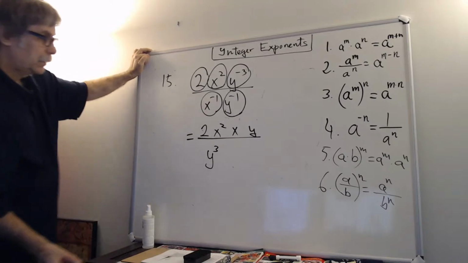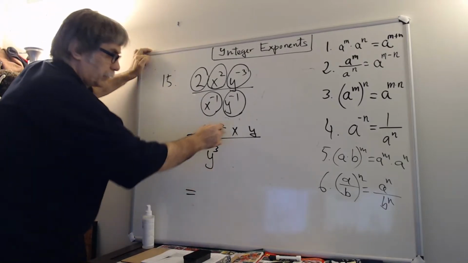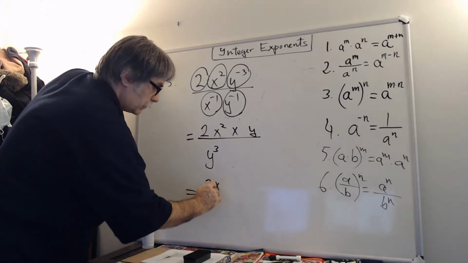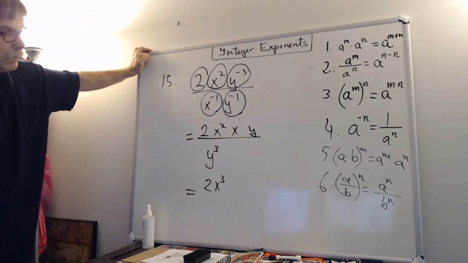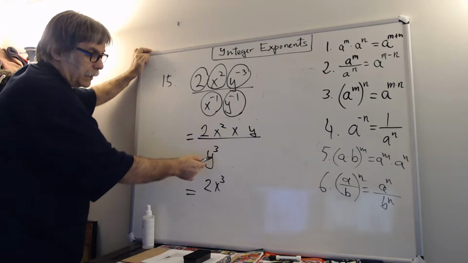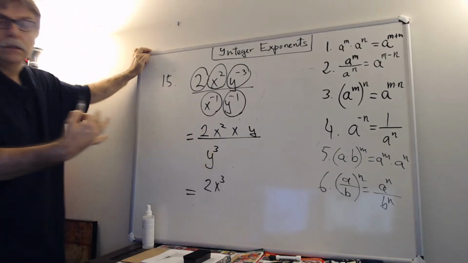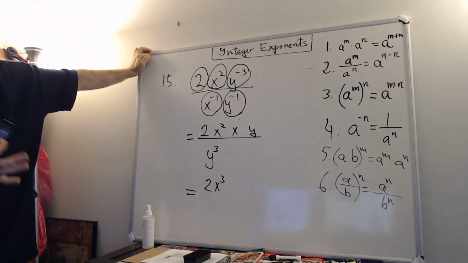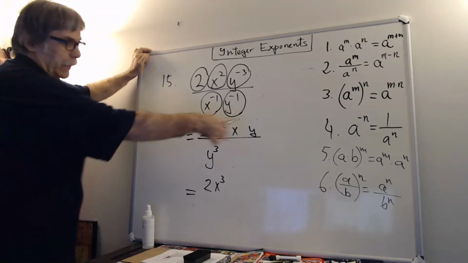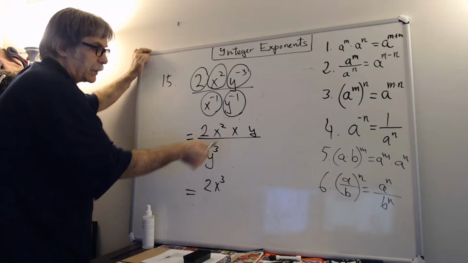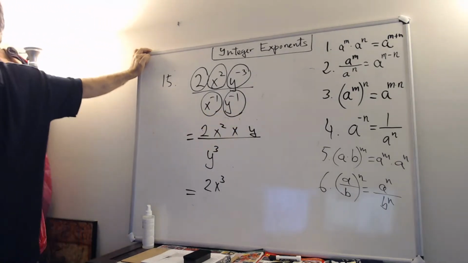Now what? Well, you have cube here. X, X, X. X, you have Y here, and you have Y, Y, Y. You can cancel 1 Y, up and down. Common factor. They're all factors here. 2x, x, x, y. All of them factors.